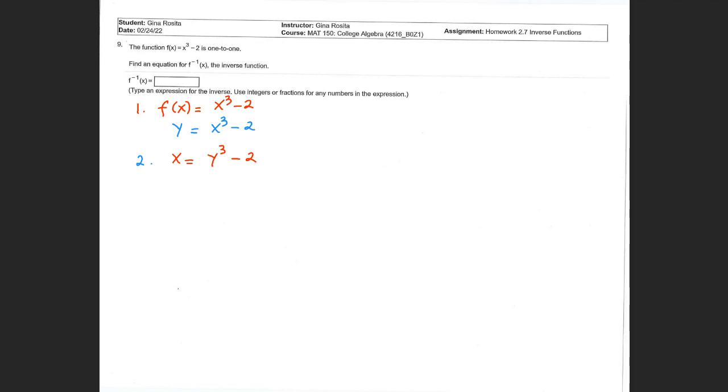Step 3, find y equals. We need y equals something. So x equals y cubed minus 2. Move it to the left, it becomes plus. So the answer becomes x plus 2 equals y cubed. Now, what do we have to do? Take the cube root of both sides.